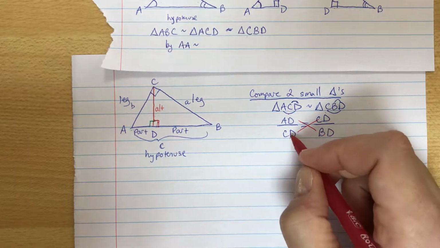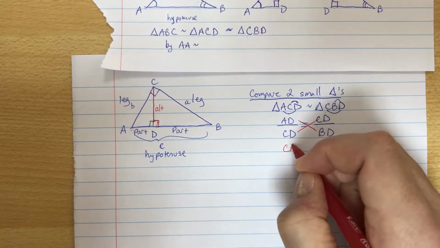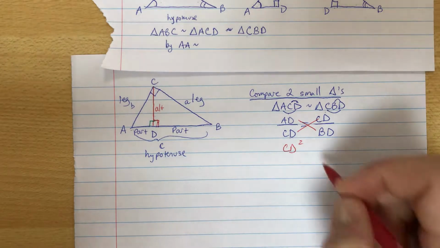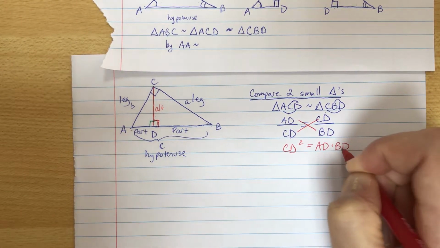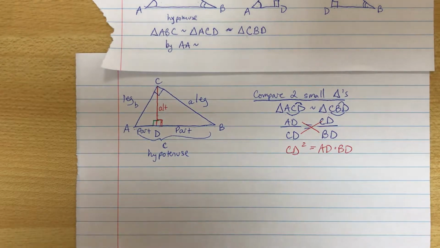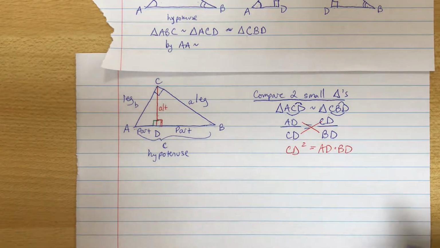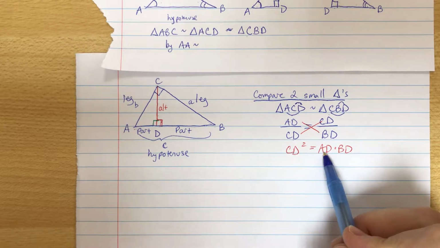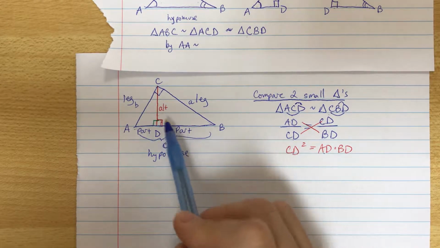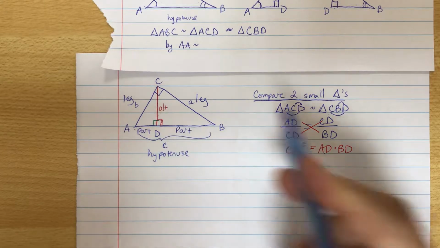Now, if we cross multiply, we get CD times itself. I'm going to write CD squared equals AD times BD. Now that's the first formula. You might look at that and say, I don't know how I'm going to remember that. Well, there's an easier way. Notice that we labeled CD, that is the altitude.